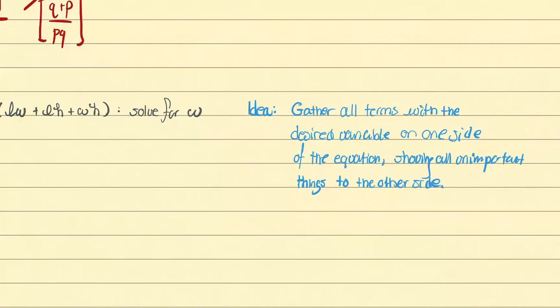Once I have all of the things that have W, or the variable that I want, on one side, what I'll do is then factor out the desired variable.